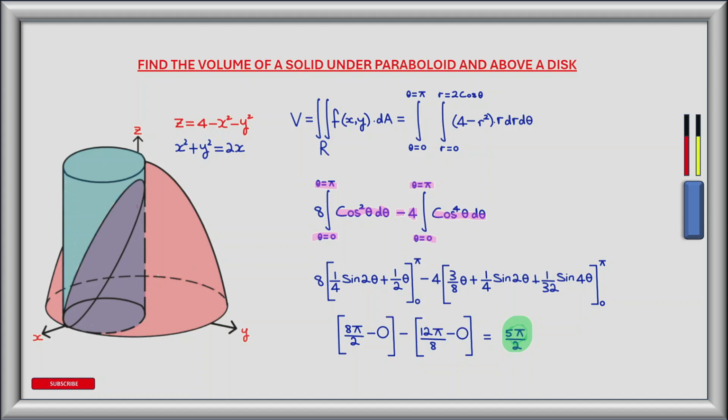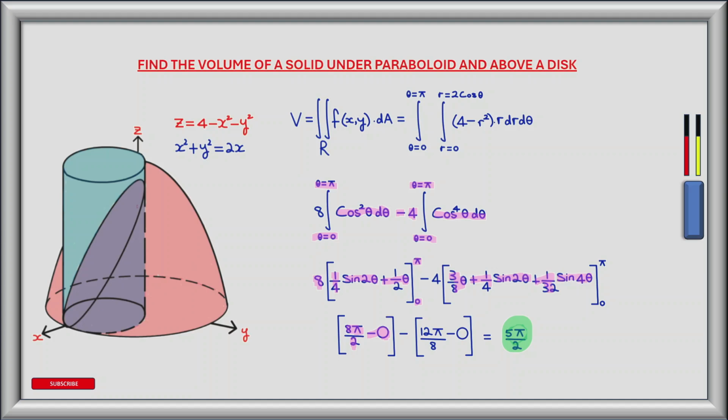So the antiderivative of cos squared theta is 1/4 sine 2 theta plus a half theta. We need to evaluate this between 0 and pi and then multiply it by 8. So this gives 8 pi divided by 2 minus 0. And the antiderivative of cos to the power of 4 theta is 3/8 theta plus 1/4 sine 2 theta plus 1/32 multiplied by sine 4 theta.